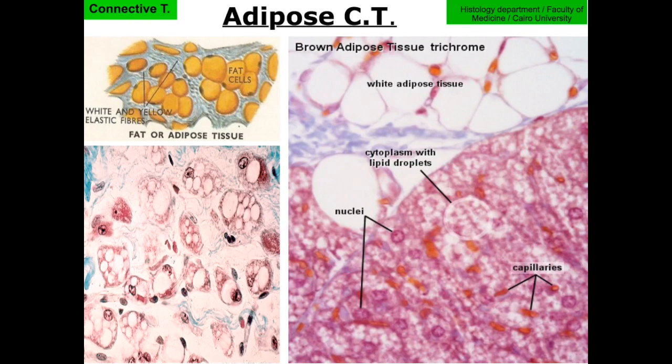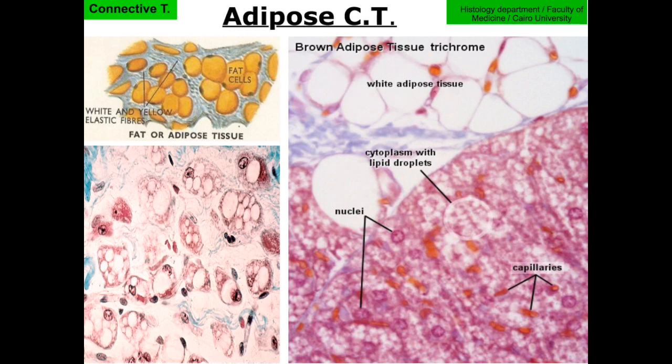This is a picture for the adipose connective tissue, similar to the areolar, but the fat cells are the predominant component over the others. Here we have the two types. This is the brown adipose connective tissue, and this is the white adipose connective tissue.